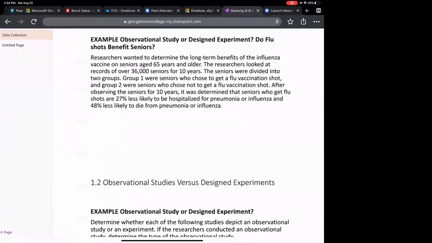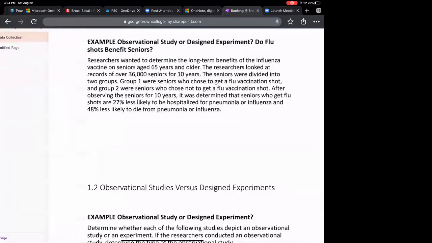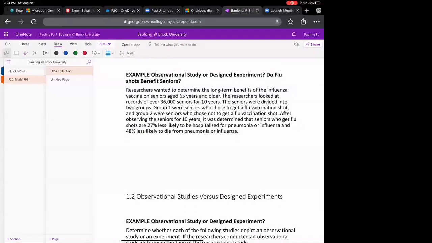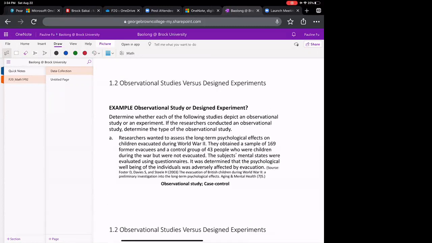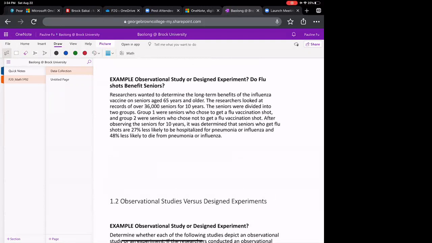So this one, do you say it is an observational study, or a designed experiment? This is an observational study, okay?